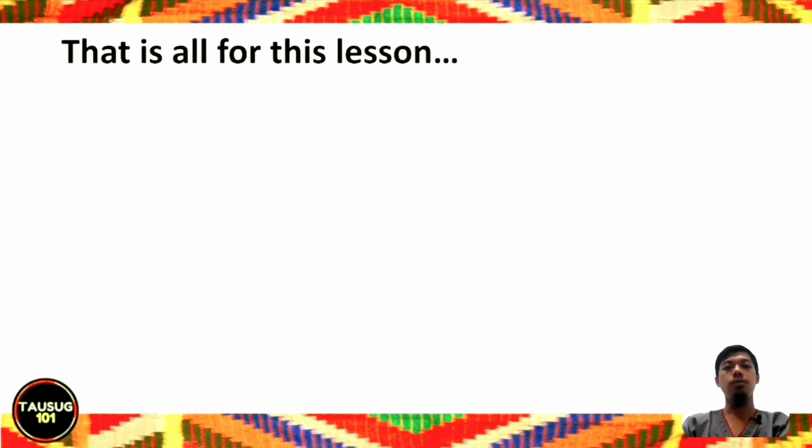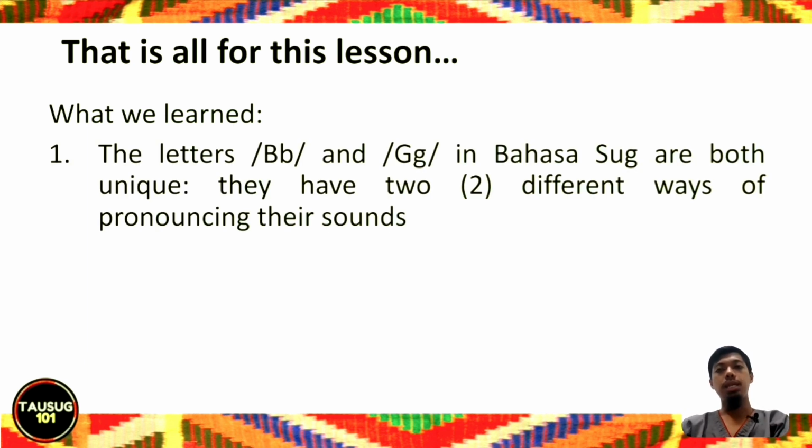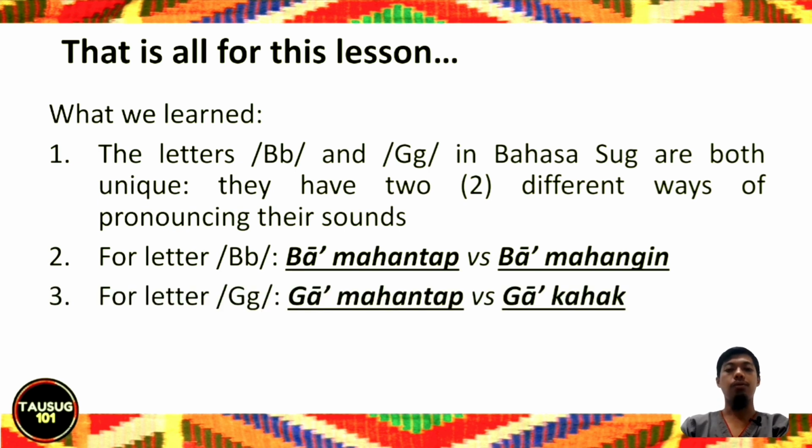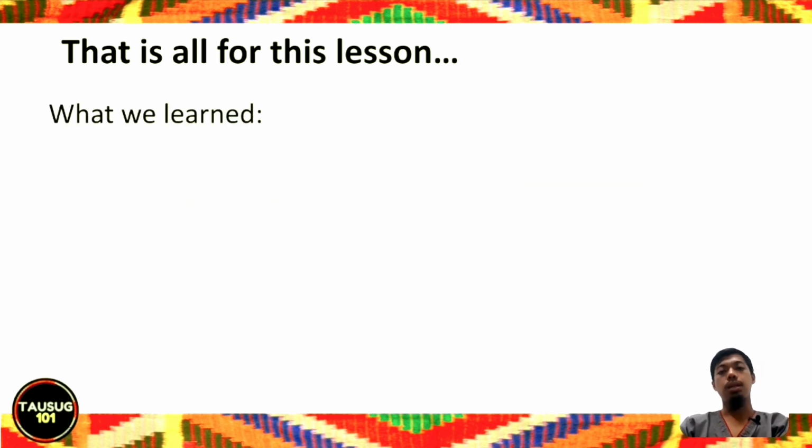So that is all for this lesson. We learned that the letters ba and ga in Bahasa Sūg are both unique. They have two different ways of pronouncing their sounds. For letter ba, we have Bā Mahantap and Bā Mahangin, and for letter ga, we have the Gā Mahantap and Gā Kahak sounds.